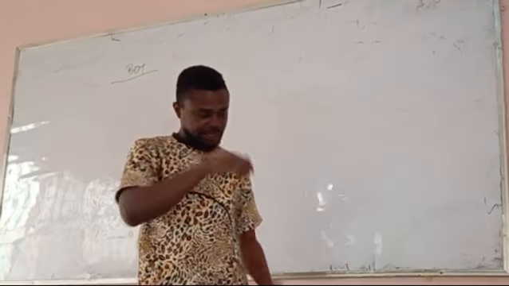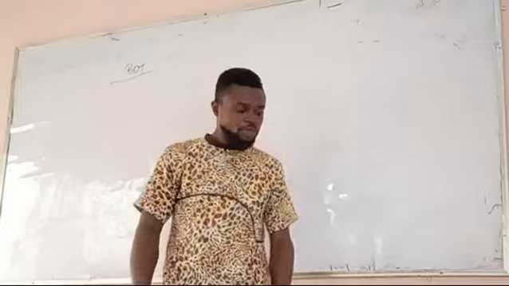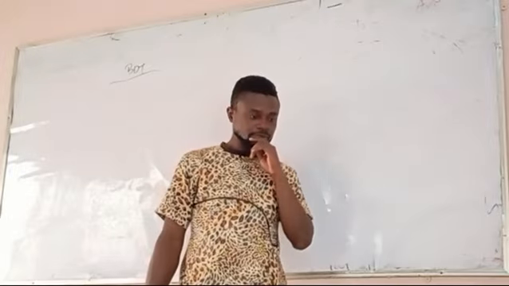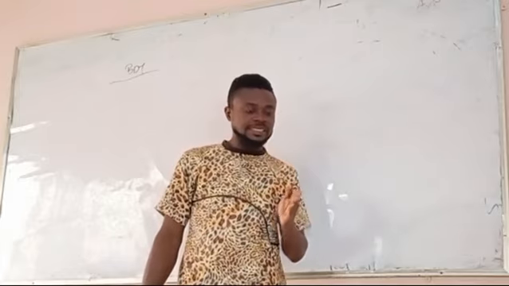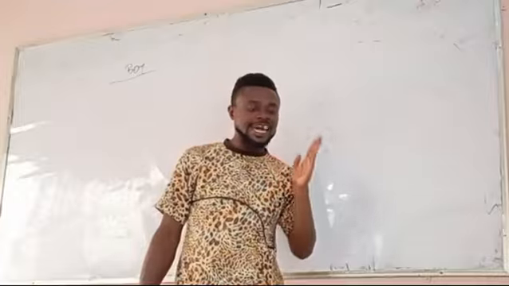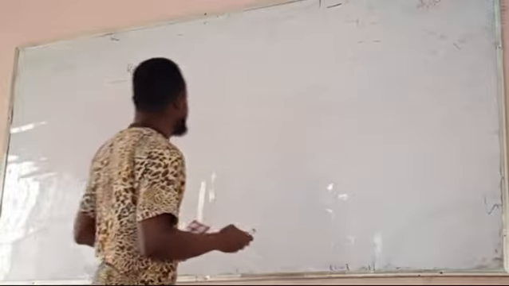The question says, you have a prescription written as ampicillin 0.5 gram PO TID times 7 days. Let me write it out.